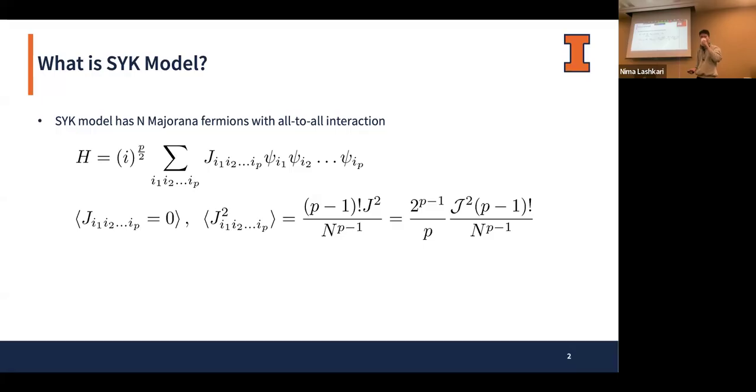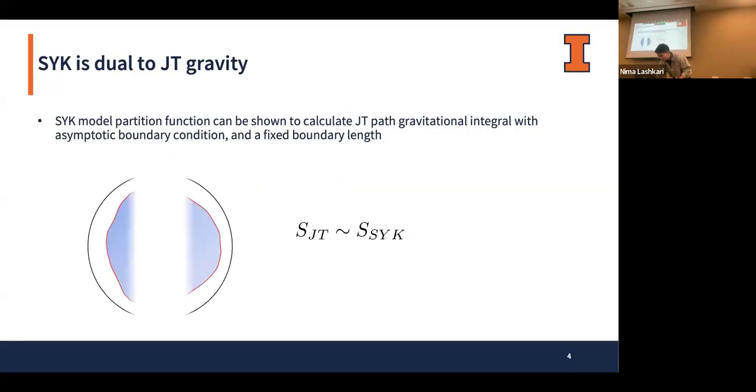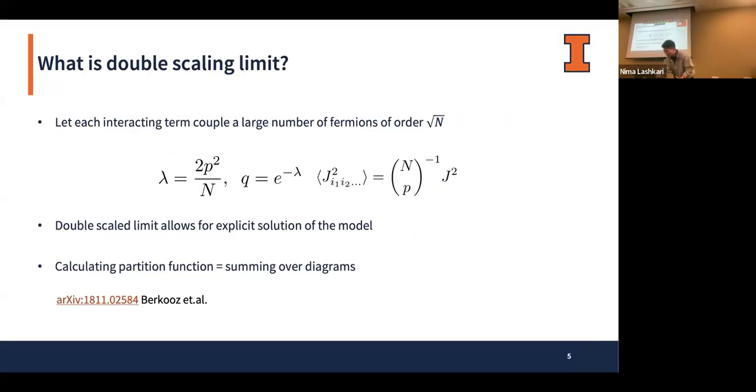If I take n choose p and take p to be order 1, I seem to be getting this expression. So is n choose p the right normalization? Where did I show n choose p here? When you talked about p of order 1 in your double scale, and n choose p. Oh yeah, I see what you mean.